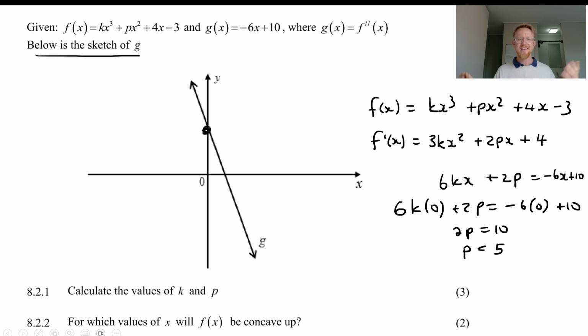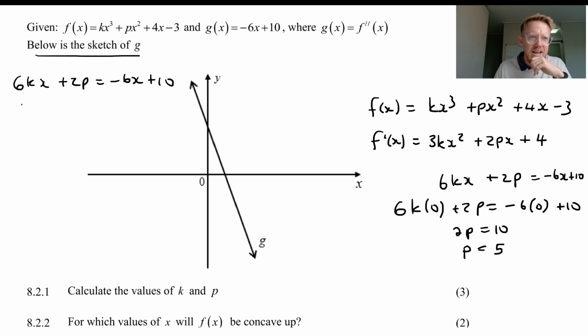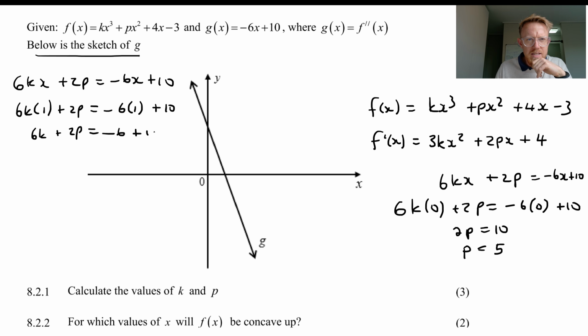How cool was that? Now, just do that whole process again, but choose another x value. You can choose 100, you can choose 1,000. I'm just going to choose 1. So if I take 6kx plus 2p equals minus 6x plus 10 and plug in 1, then I end up with 6k plus 2p equals minus 6 plus 10.